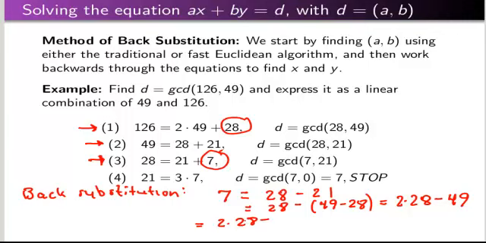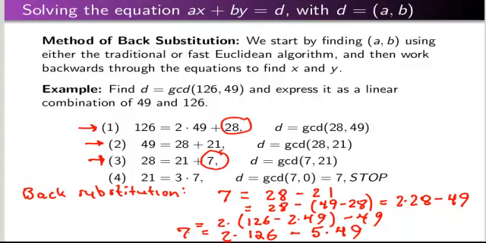And then grouping these together, we get 2 times 126 minus 4 minus 1, so minus 5 times 49. And there you have it. 7 is the linear combination 2 times 126 minus 5 times 49.